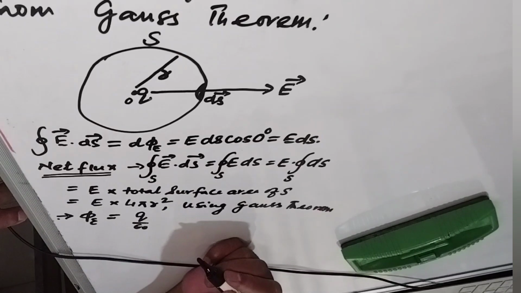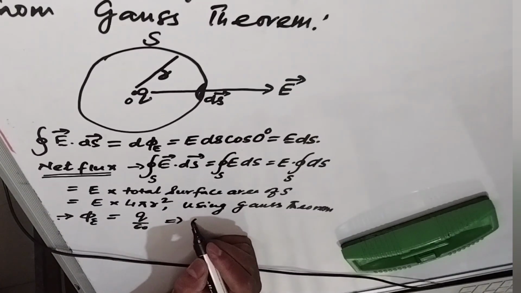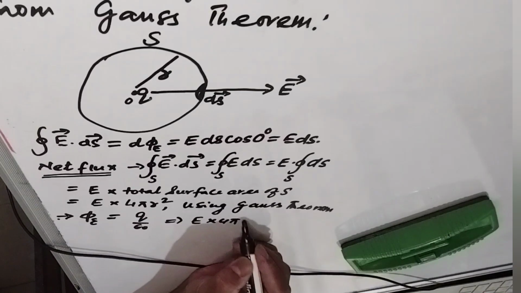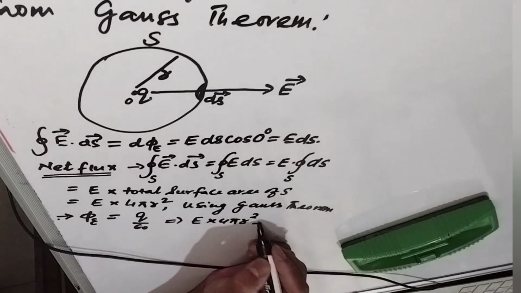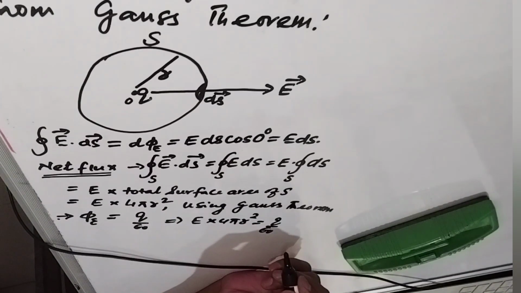Charge enclosed over epsilon naught. That means we can write E into 4 pi r square as q upon epsilon naught. Am I right?